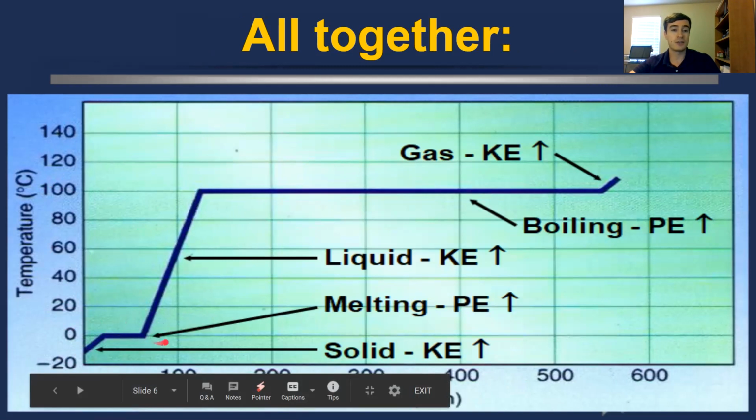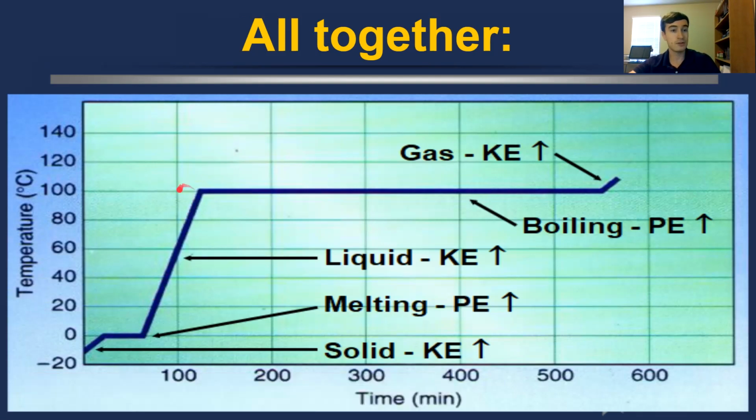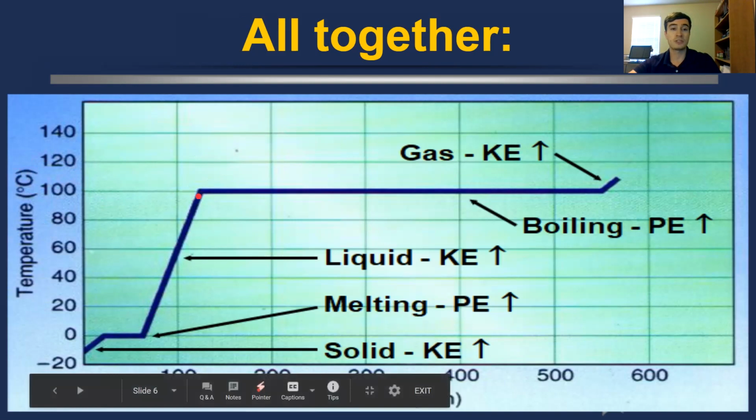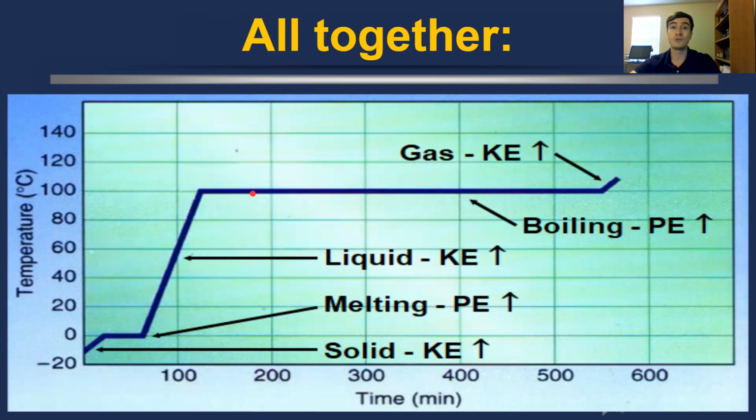Once our ice completely turns into liquid water, that water will then start to get hotter and hotter until it reaches the boiling point or the vaporizing point, which again, for water, is 100 degrees Celsius. Once that point is reached, we start turning that water into a gas, into water vapor. So the temperature stops going up at that point because we are boiling that water away. We're using all that potential energy, forcing the particles away from each other, but not necessarily making them any hotter.